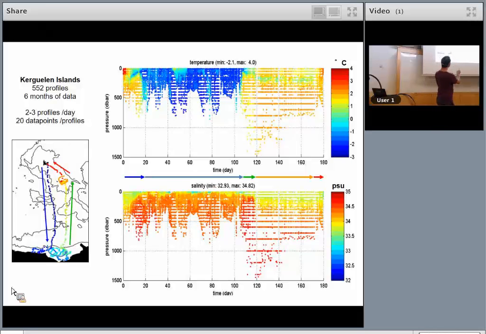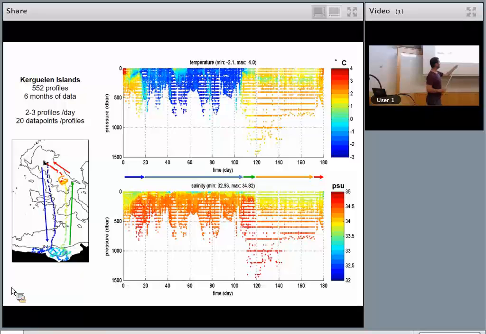Then you have very cold water for a couple months when it's on Antarctica, with very saline water. And then when they go back to Heard, you get warmer waters and slightly fresher ones.